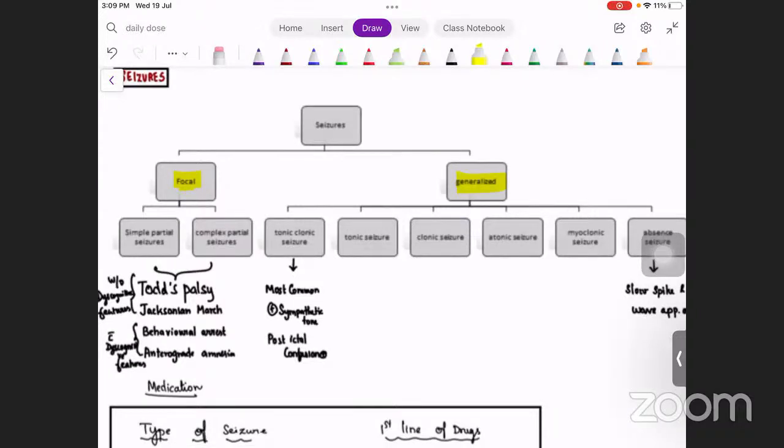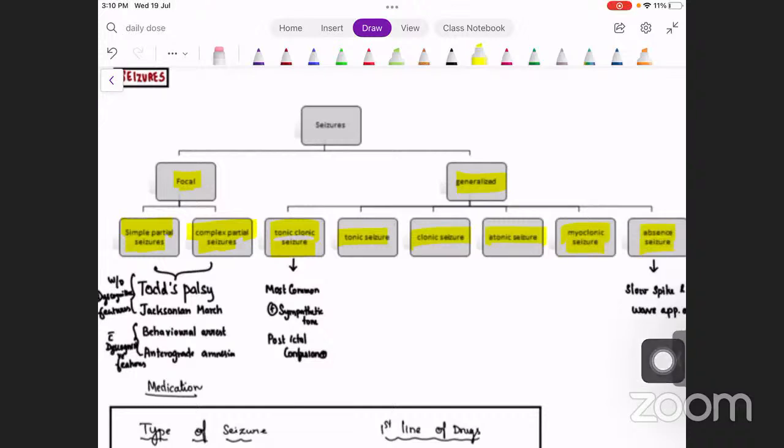Focal seizure could be simple partial seizure or complex partial seizure. While for generalized seizure, we have six varieties: tonic-clonic seizure, tonic seizure, clonic seizure, atonic seizure, myoclonic seizure, and absence seizure.